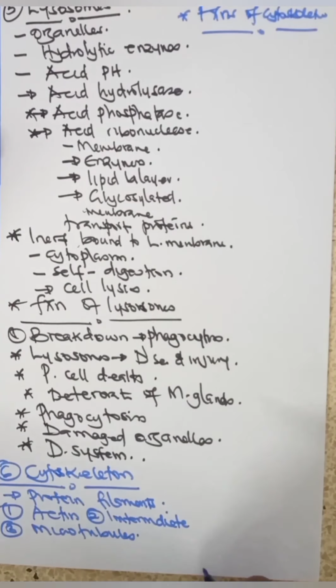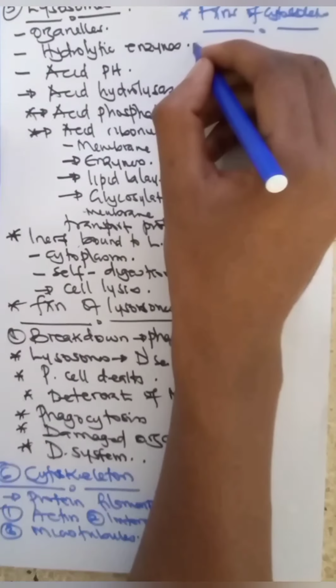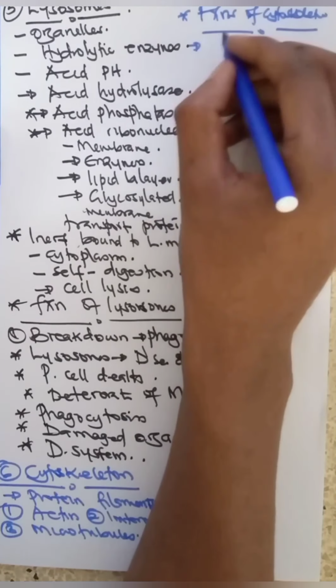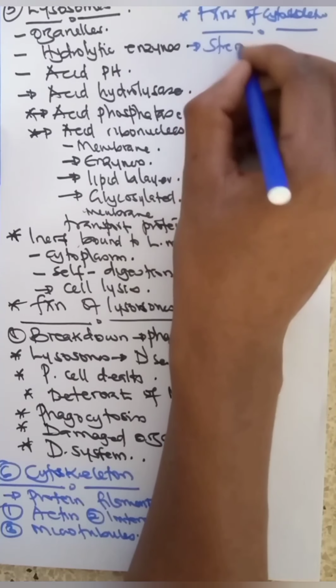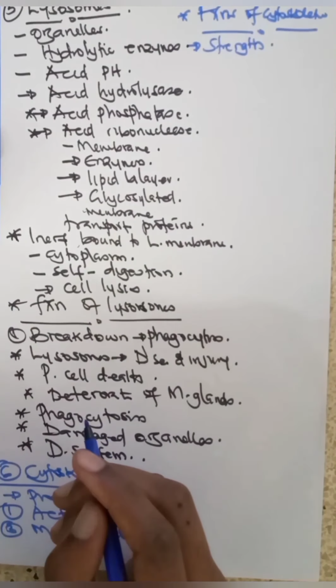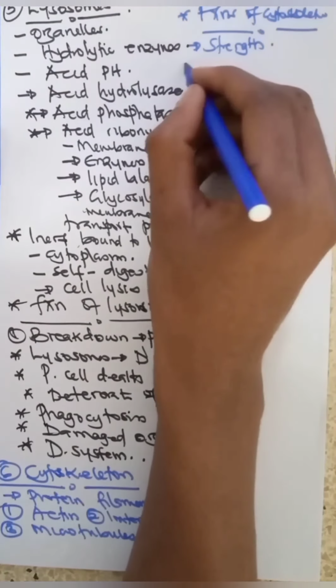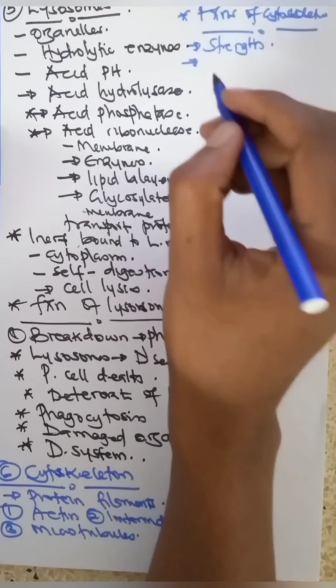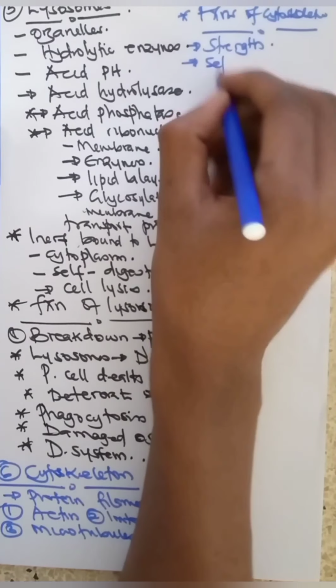The cytoskeleton, which we have said is made up of 3 kinds of protein filaments, the actin, intermediate, and microtubules, provides what we call mechanical strength to the cell. Number 2, it is important in chromosomal separation.